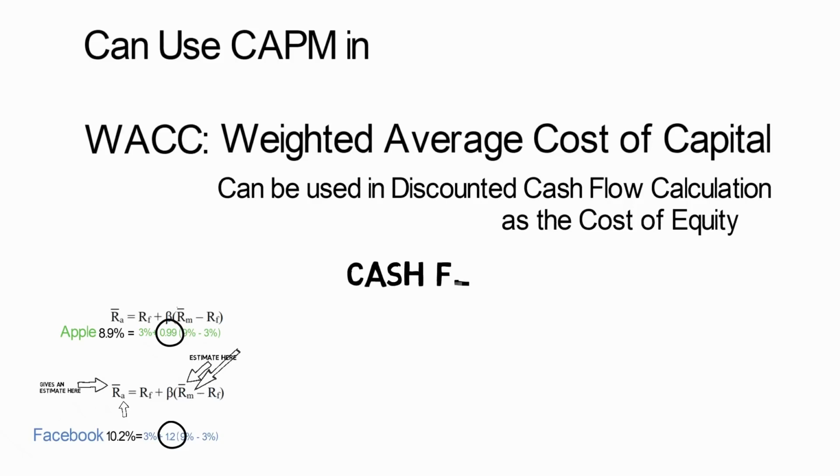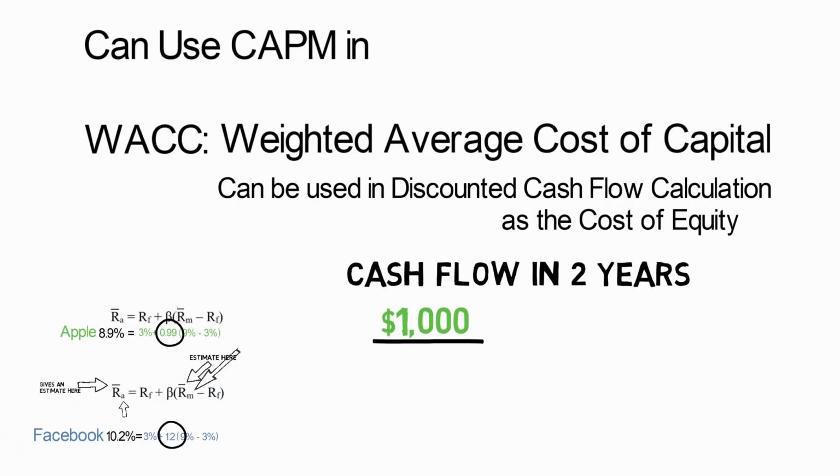Let's imagine that we had an expected cash flow coming from Apple in 2 years. And let's imagine that it is going to be $1,000. Well, since cash is more valuable today than it is in, let's say, 2 years, what we can do is use the results of our CAPM calculation as a discount factor. So if I'm going to get $1,000 in 2 years, for Apple, using our CAPM results of 8.94%, we can use that as a discount factor.